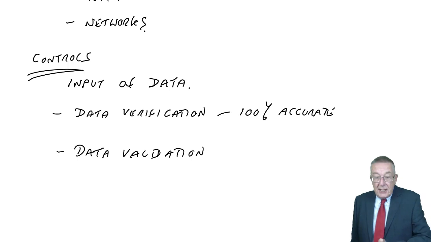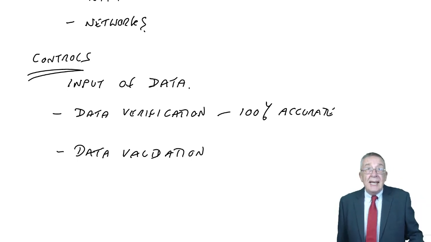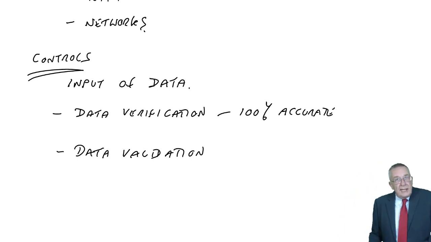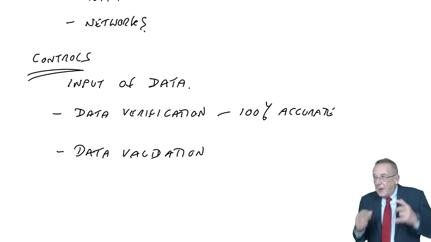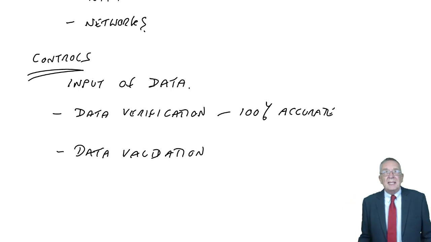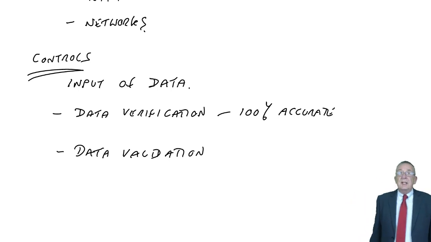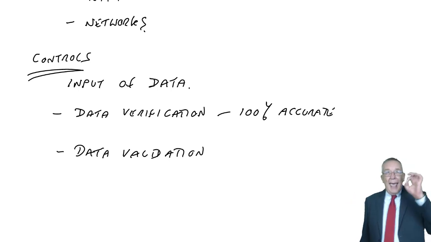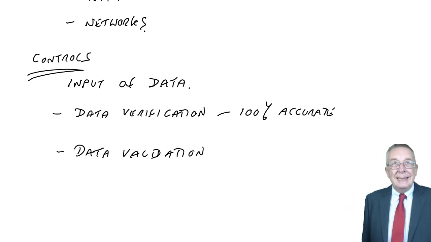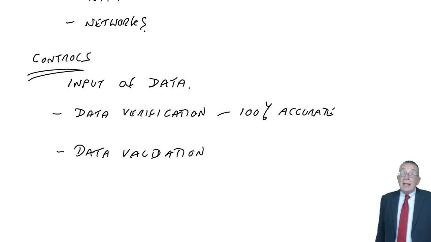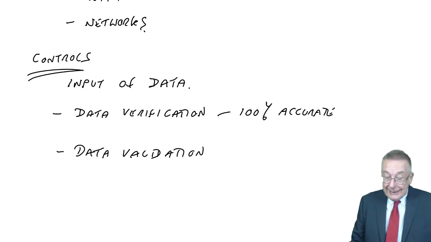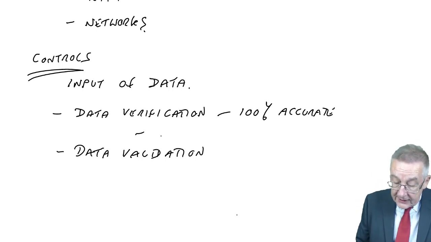There are lots of ways, as you'll see in a second when we talk about validation, of trying to make sure it's correct. But it's impossible to make sure it's perfect. With verification, we want to make sure every single thing entered, that there's never a mistake. And the only way really of achieving that is to enter everything twice.